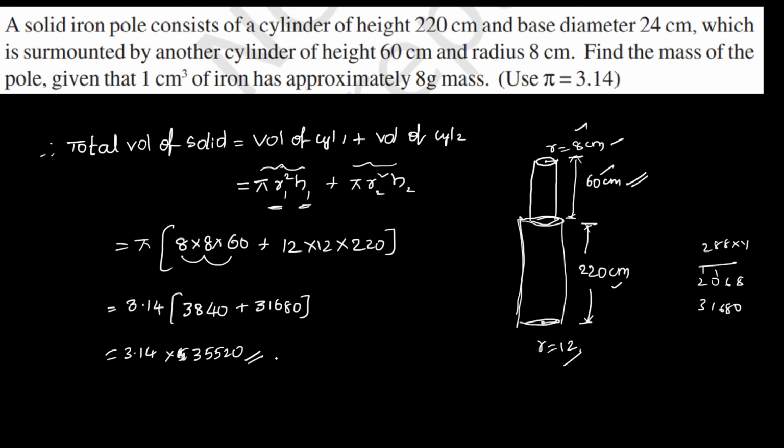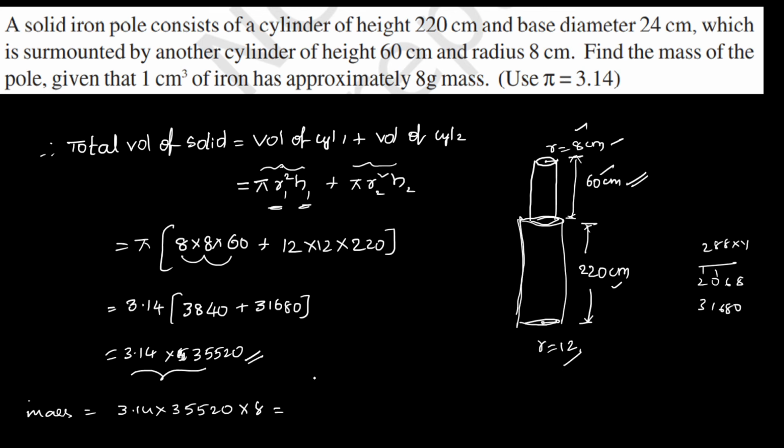weight, we have to multiply with mass, I mean 8 grams. So total mass is equal to volume into density. So 3.14 into 35520 into 8. Now, approximately, I think we have to do multiplication here.